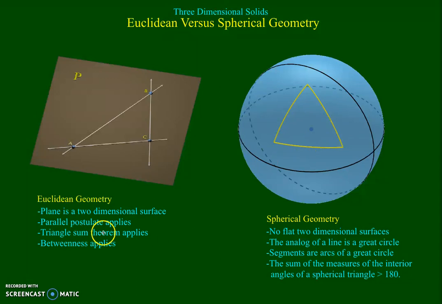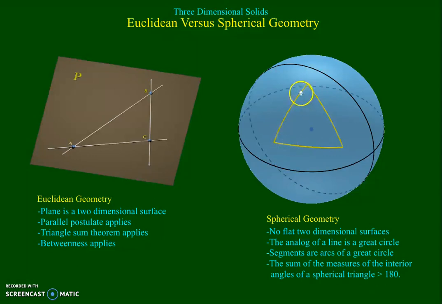And in triangles, if we look at triangles in Euclidean geometry, we can see we have the standard theorems that apply to triangles. The triangle sum theorem: the sum of the measures of the interior angles of any triangle is 180 degrees. In spherical geometry, on the other hand, the sum of the measures of the interior angles of a spherical triangle is greater than 180 degrees.